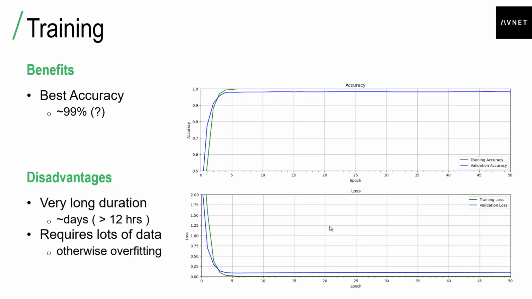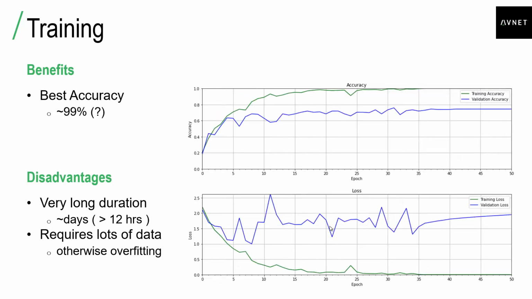Instead, we'll be doing transfer learning, which I think is a good use case for this data set as well. And if we don't have enough data, what will happen is we'll have overfitting. So the graph will probably look something like this, where we would hit an upper bound, maybe 70% of accuracy. And what causes this is the model tends to overfit the data. So it memorizes the training data and cannot generalize to the validation set.